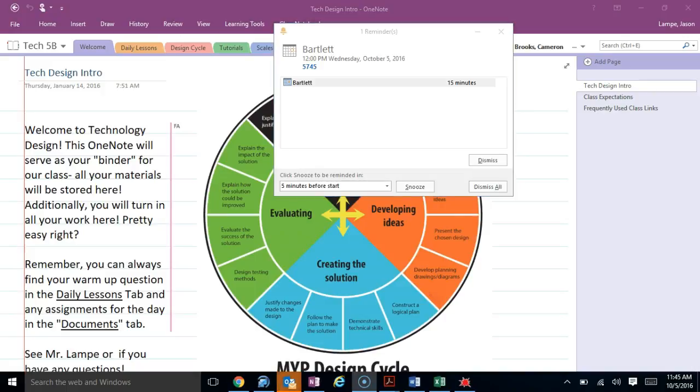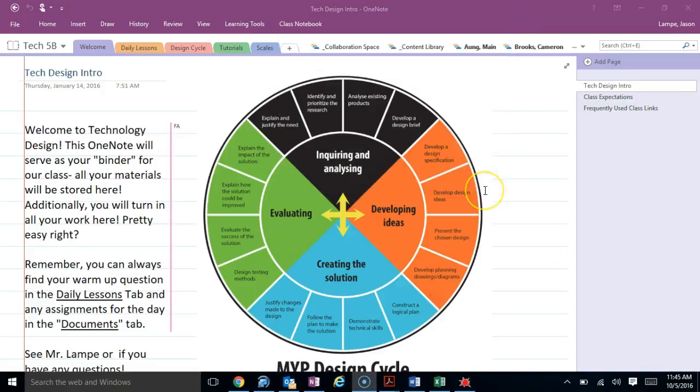You have to figure out what the problem is. Step 1, and if you look over there, it's called inquiring and analyzing. It is this black section right here. Okay? Really fancy way of saying, figure out what's wrong. If you don't know what the problem is, then you can't solve it.